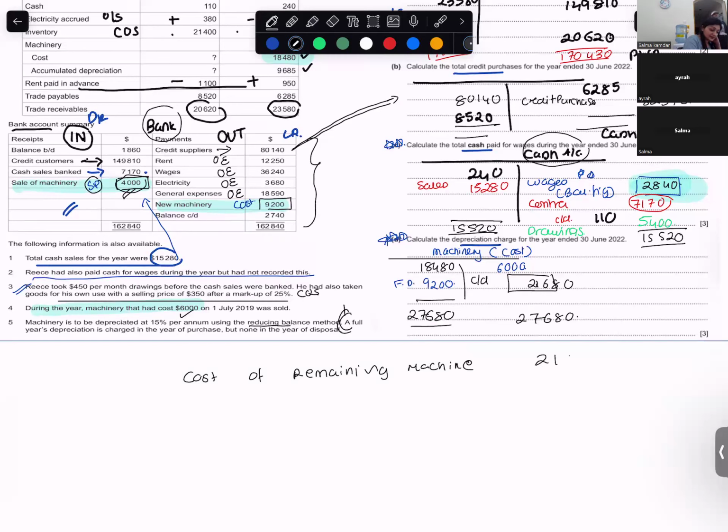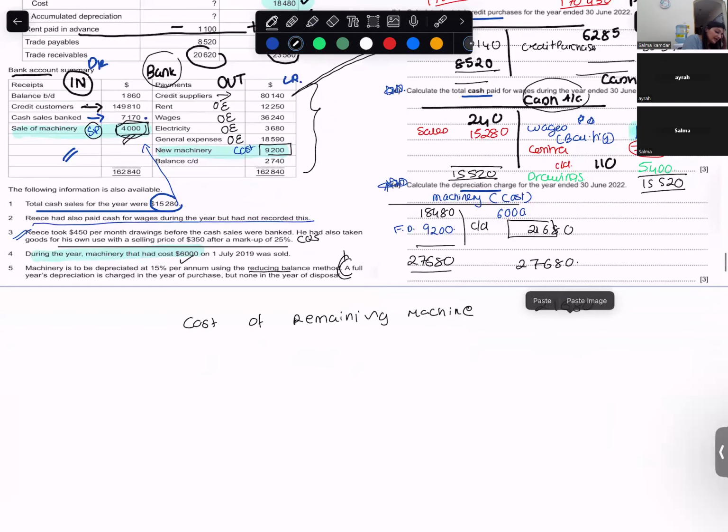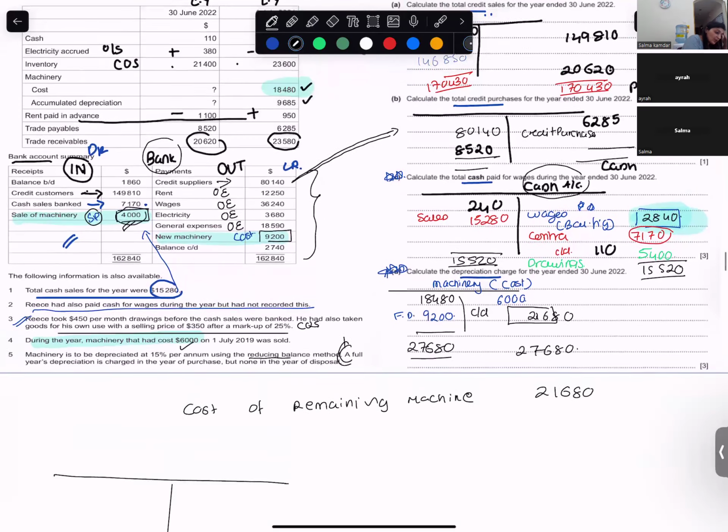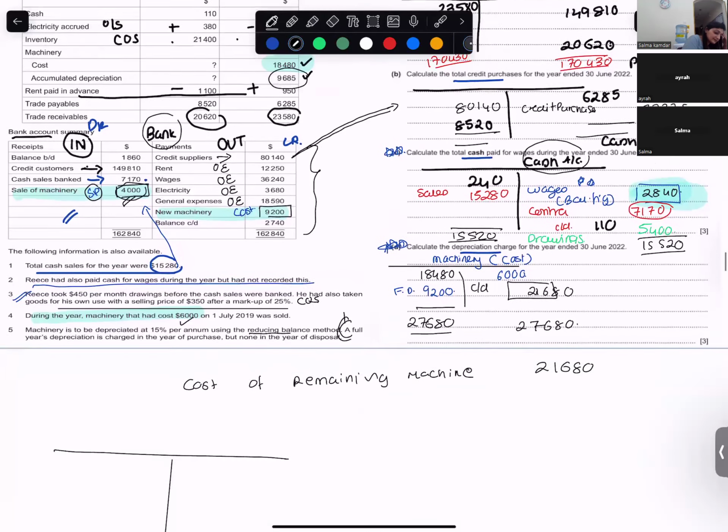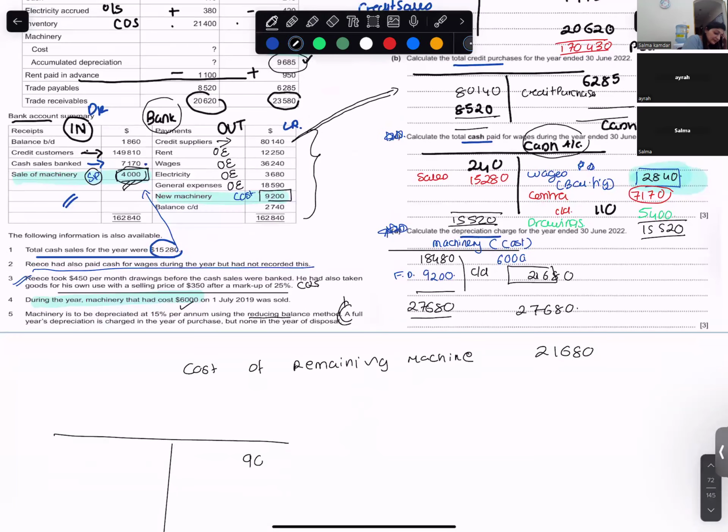Now find out the depreciation. Let's make the provision for depreciation account. What is opening depreciation? 9,685. Provision for depreciation account always has which balance? Credit balance.